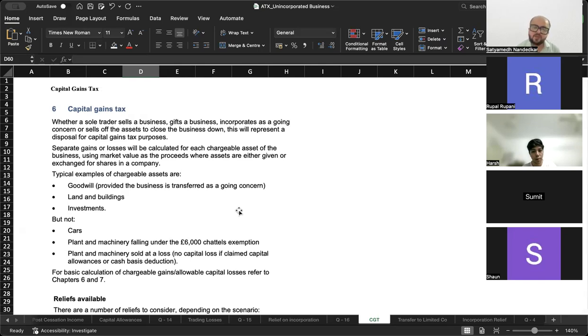Separate gains or losses will be calculated for each chargeable asset of the business using market value as proceeds, where assets are either given or exchanged for shares in the company. So, there will be separate gain or loss calculations if he is disposing of the assets one by one. अगर एक एक करके वो asset बेच रहा है, तो naturally there will be individual gains or losses.